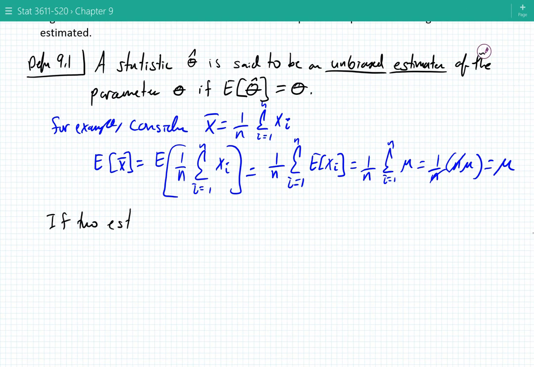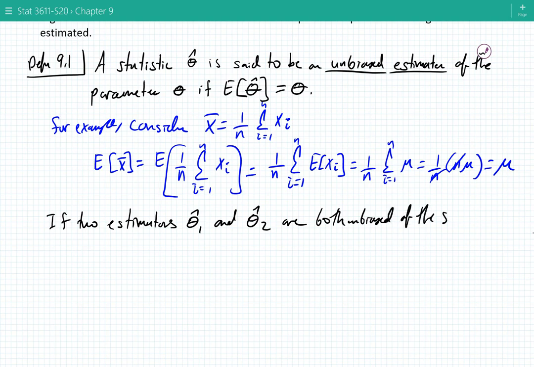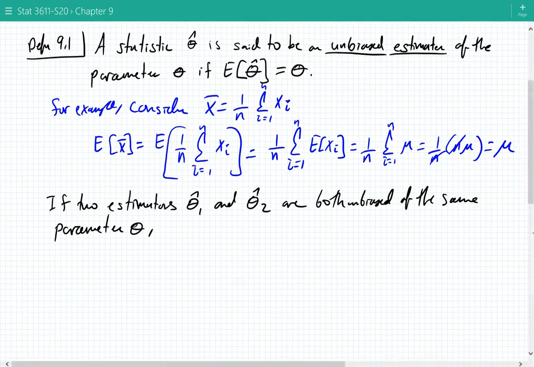Okay, now it is possible to have multiple unbiased estimators. If two estimators, theta hat 1 we'll say, and theta hat 2 are both unbiased estimators of the same parameter theta, then is there a way to choose one that is better?